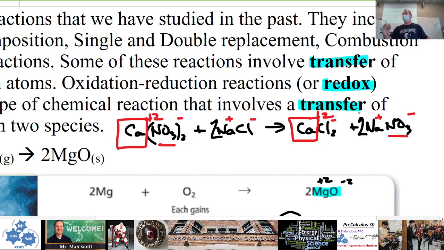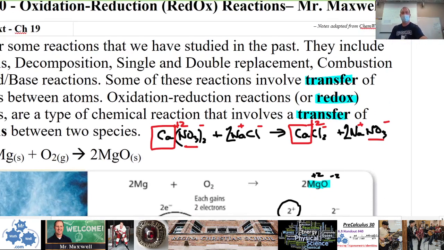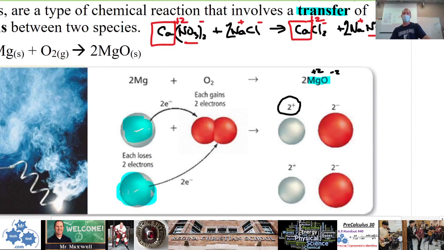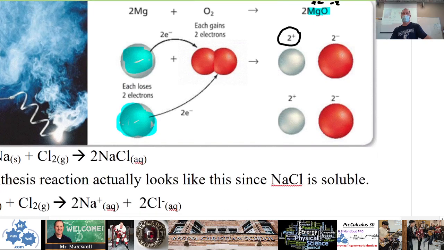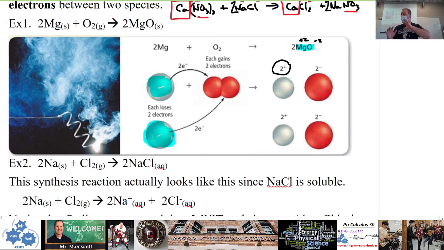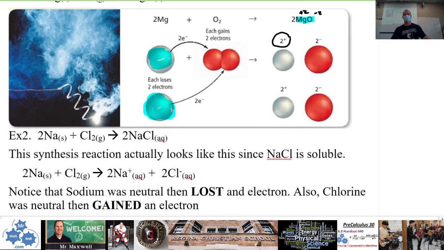So in this type of reaction, there is no transfer of electrons in between the elements, or in between the species. It's just simply we have ions at the beginning rearranging with other ions at the end. So this is not a redox, but there are some, obviously, where electrons are also transferred. Okay, do you get the big picture there, what a redox is? It's a chemical reaction involving the transfer of electrons.